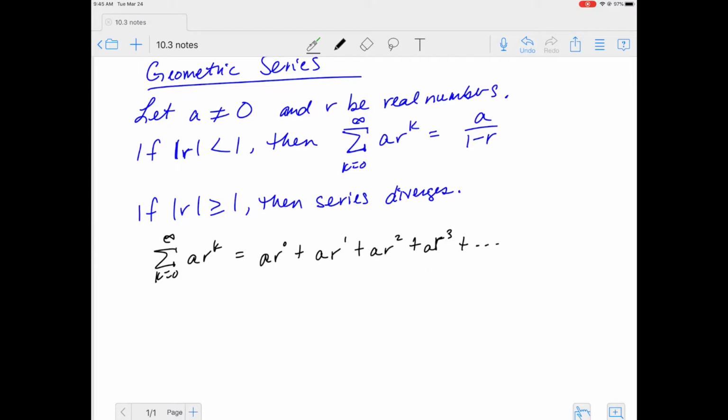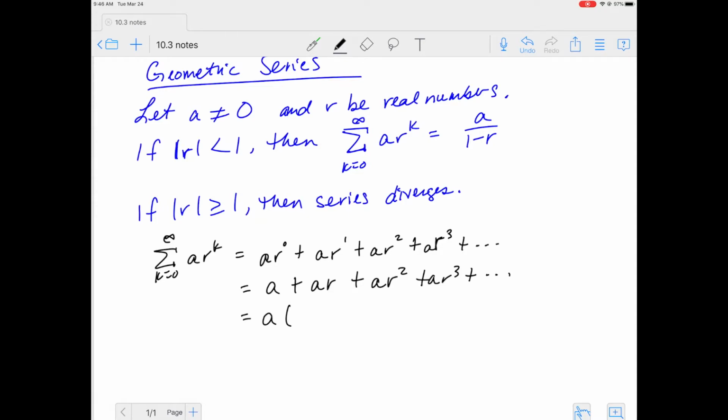Okay. Now look what happens. If I'm plugging this in, then this ends up being A times R to the 0. Anything to that 0 power is just going to give me 1. A times 1 is just A. And then I have AR plus that AR squared, AR cubed, etc. Look at what's in common here. For all of these terms, I have an A in common.